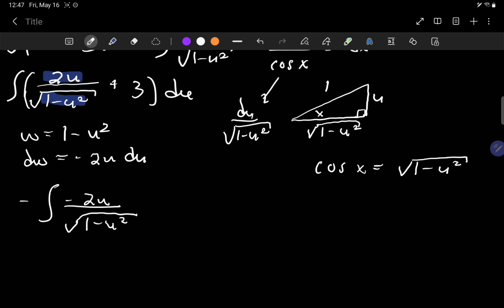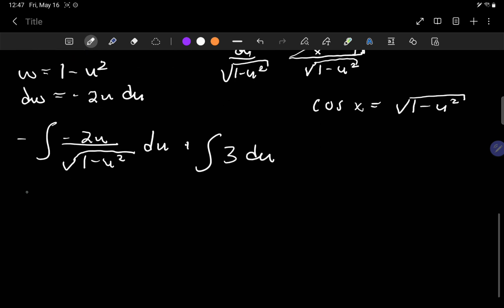I'm not accustomed to writing at an angle like this. And then we have du plus 3 du. Okay, and then this really turns into, if I do the replacement with w, it's going to be 1 over the square root of w dw.